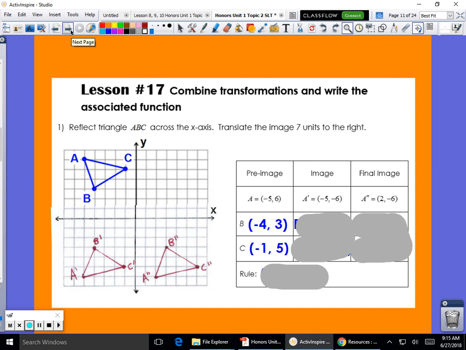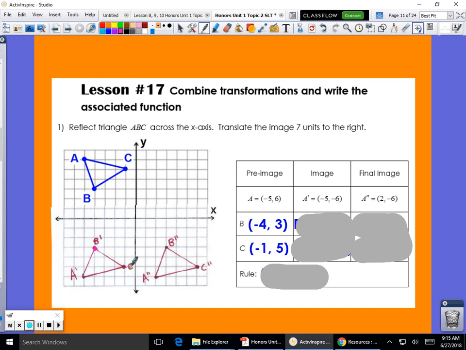Okay, so we are going to combine transformations and write the associated functions. So, first thing we need to do is reflect the triangle ABC across the x-axis. So here's my x. This is 3 units above. If I reflect it over the x, I'm bringing it 3 units below. This is 1, 2, 3, 4, 5 units above. 5 above becomes 5 below, right?